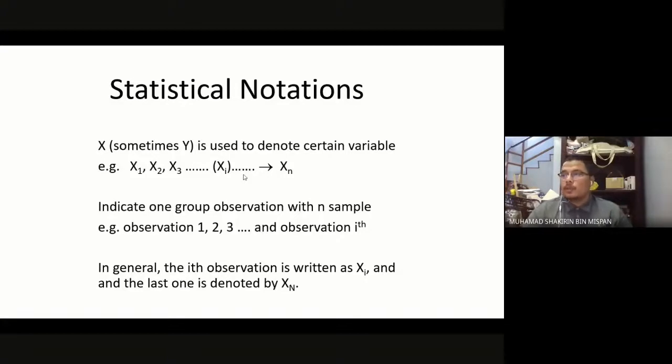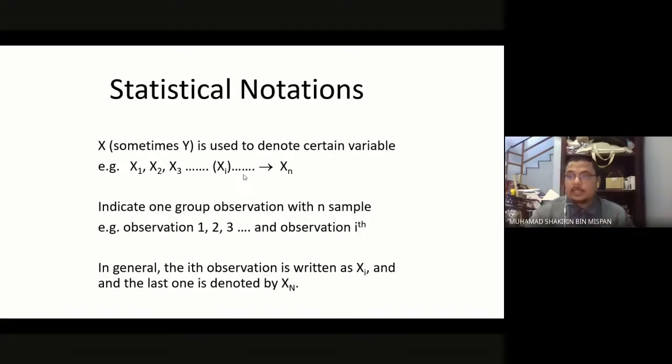X is usually used to denote certain variables. So x1, x2, up to xn, which indicates one group of observations on n samples, or on that particular sample. So observation on person number 1, person number 2: x1, x2, x3, up to whatever value you want.